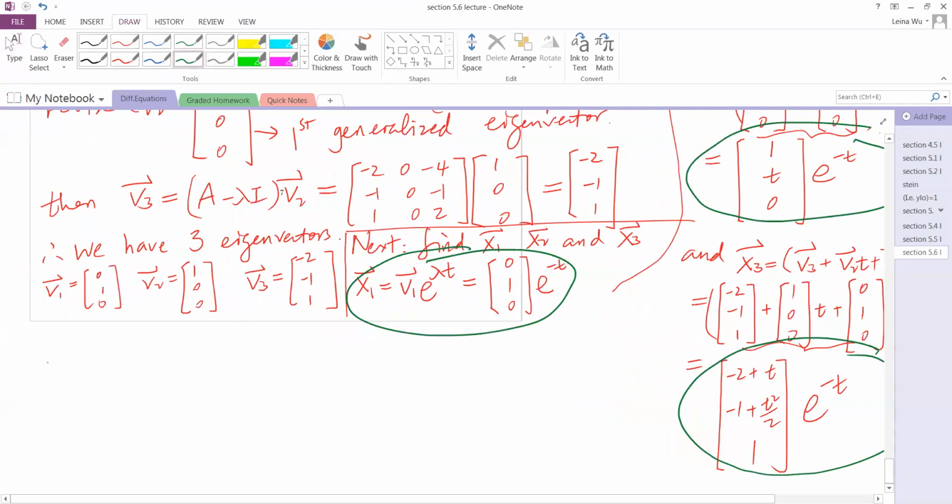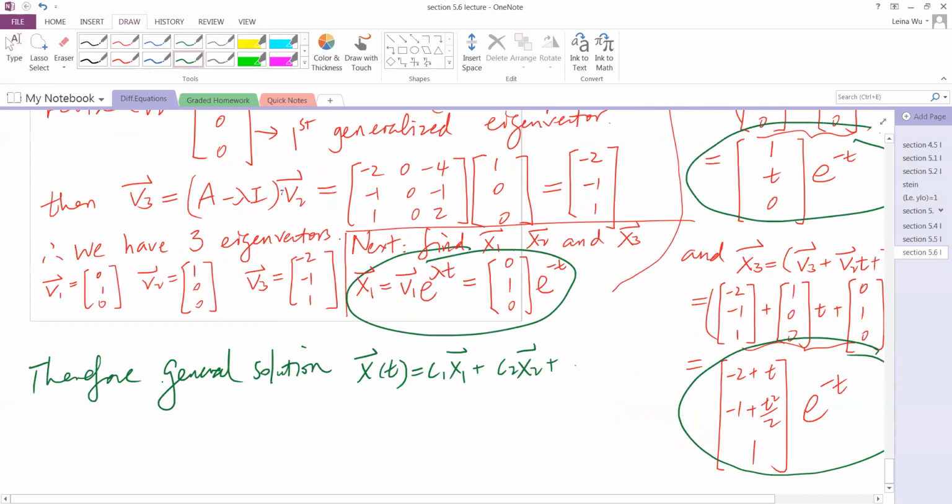Okay. So therefore, our general solution x of t will just be a linear combination of the three. So c1 x1 plus c2 x2 plus c3 x of 3.